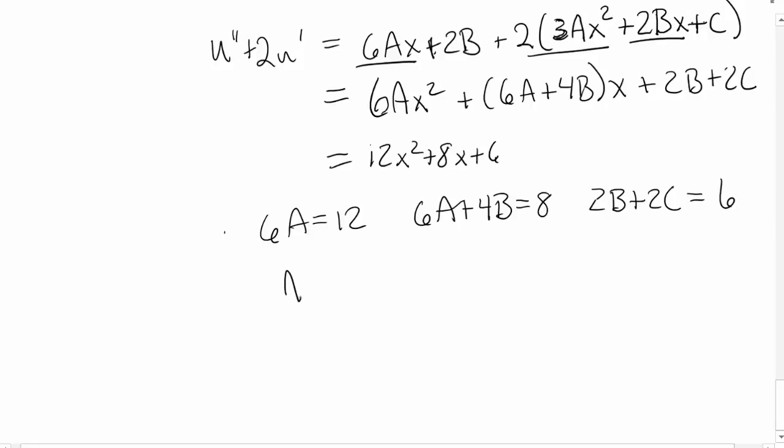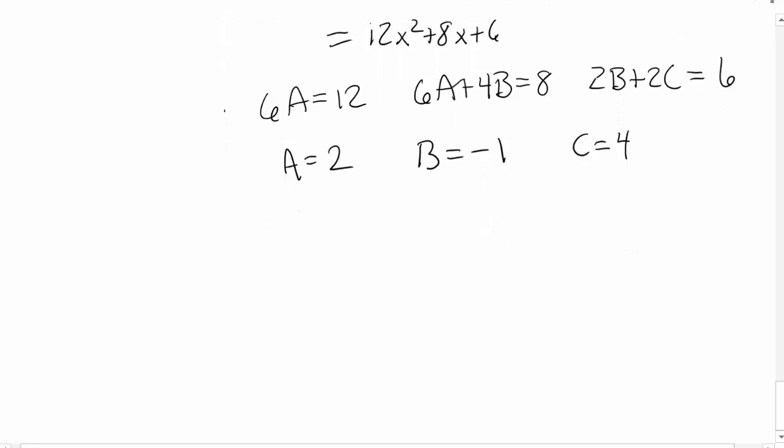I'll let you guys solve this separately, but a is 2, b is -1, and c is 4. Again, take some time to actually figure that out, but that's what I get. So this was for u. u was ax cubed plus bx squared plus cx.